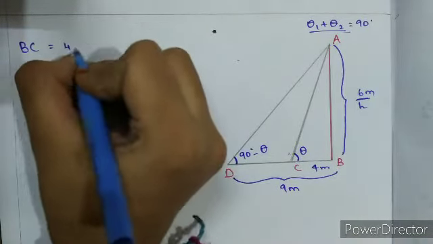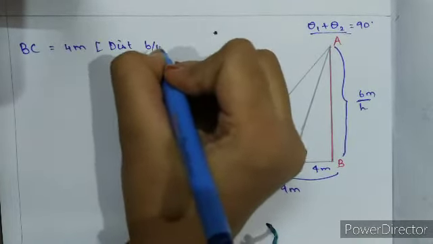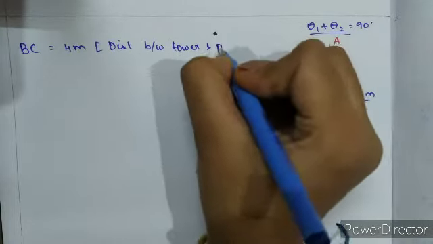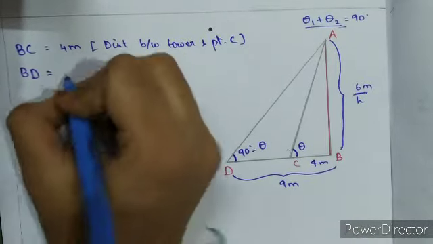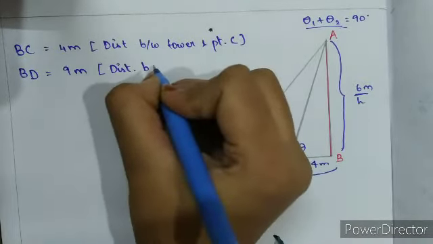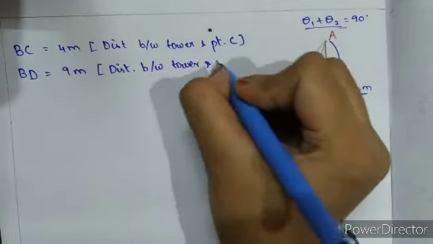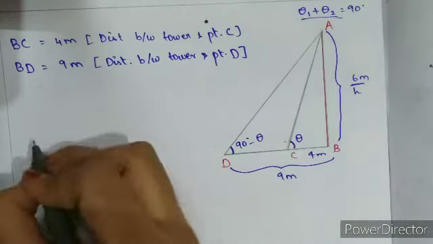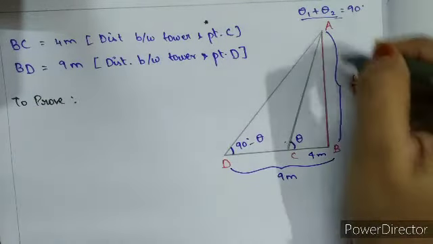BC is equal to 4 meter, the distance between the tower and point C. And BD is equal to 9 meter, that is the distance between the tower and point D. So here what we have to prove is, this height is 6 meter.